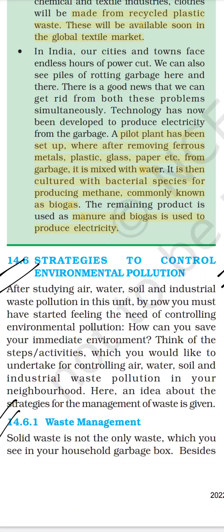Think of the steps, activities which you would like to undertake for controlling air, water, soil, and industrial waste pollution in your neighborhood. Here an idea about the strategy for the management of waste is given.